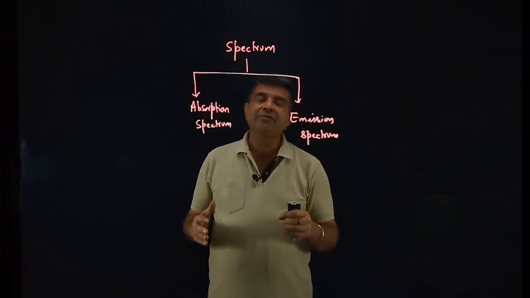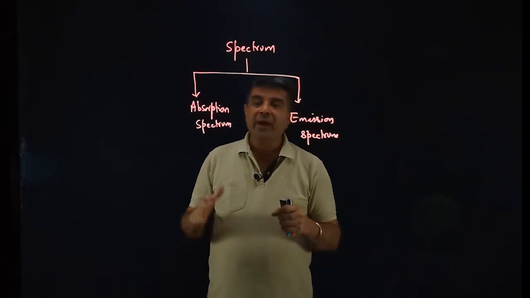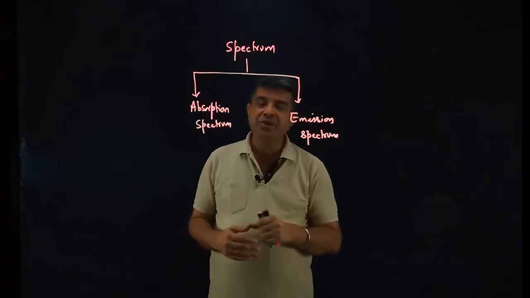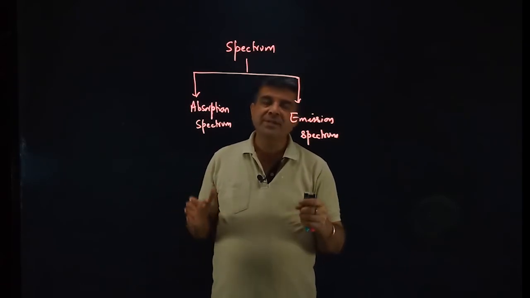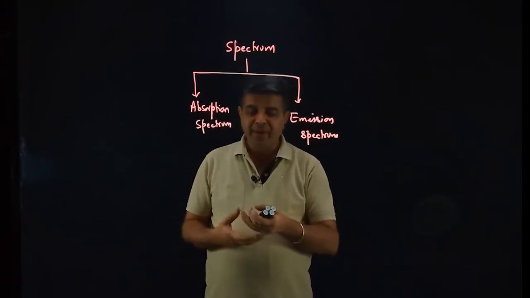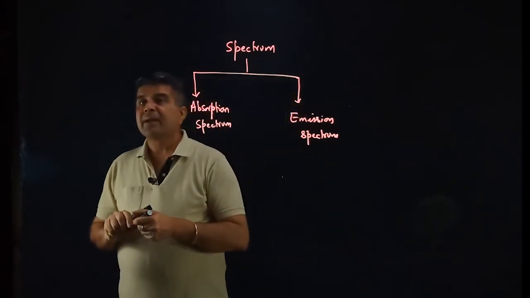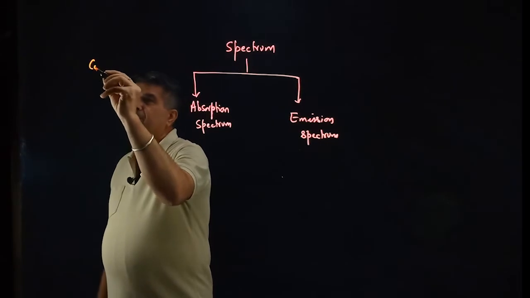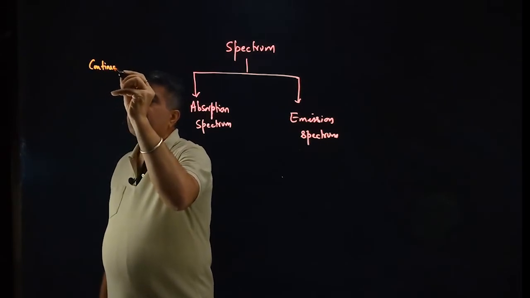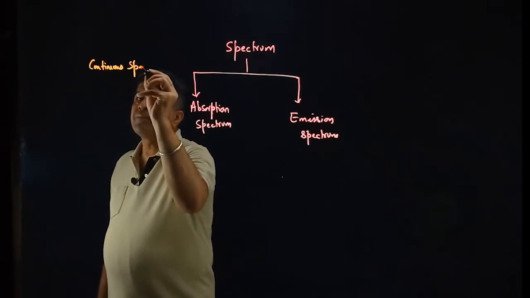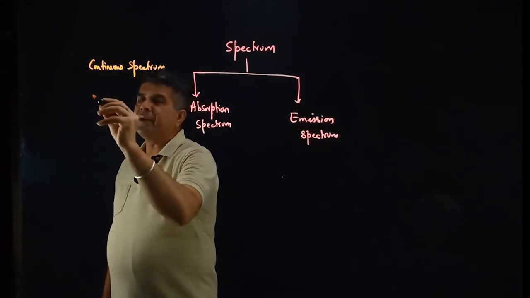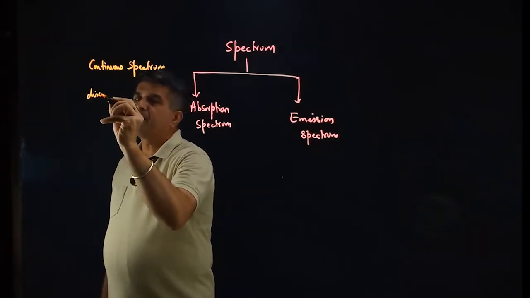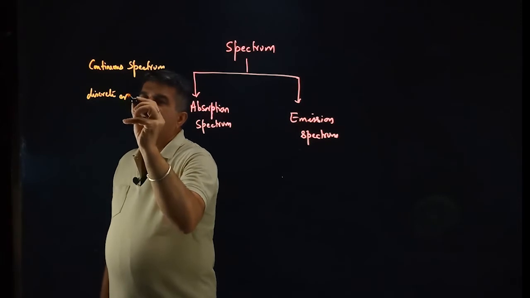Up to now we have seen the definitions of absorption spectrum and emission spectrum. Now these absorption and emission spectra can further be continuous spectrum, and discrete or line spectrum.